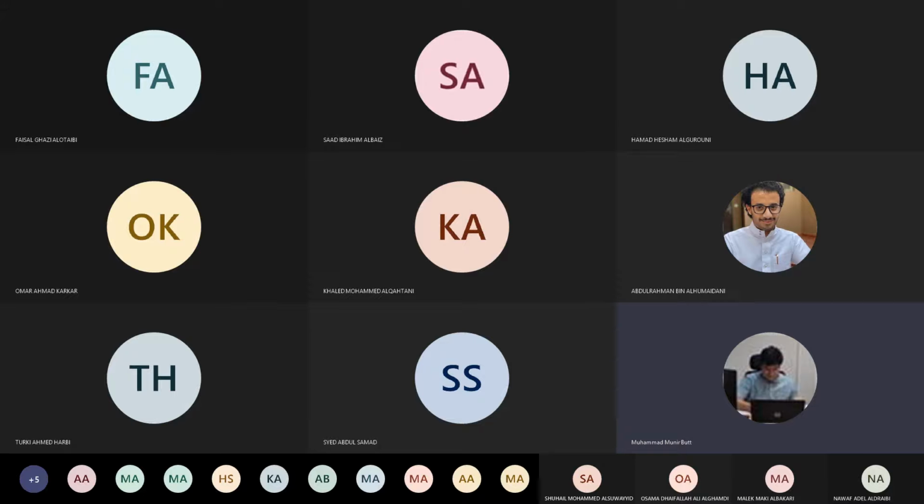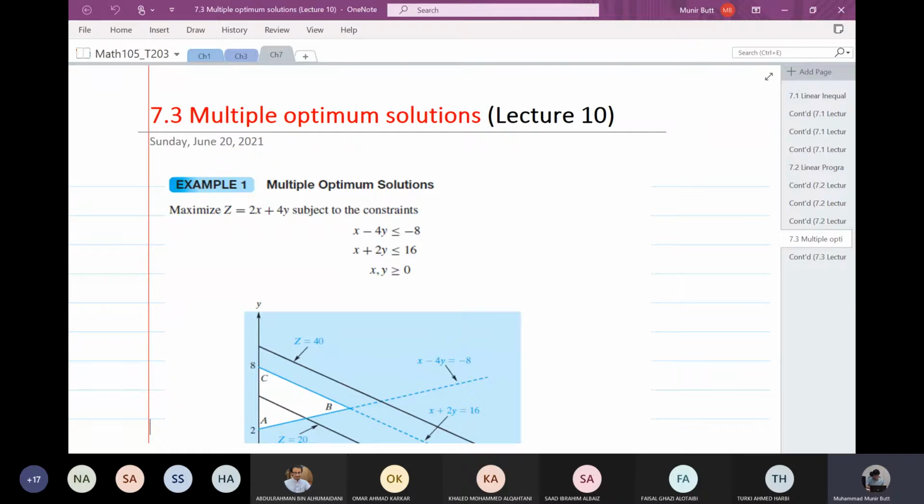So in this lecture we shall try to find the multiple optimal solution for the linear programming model. For example, you have given this example number 1, and you will see that instead of one optimal solution, there are many, or you can say infinite optimal solution.